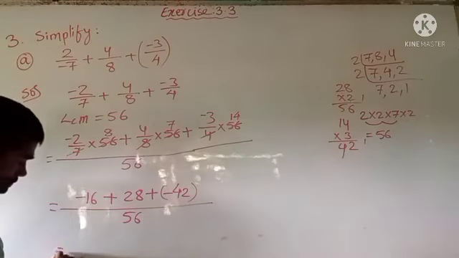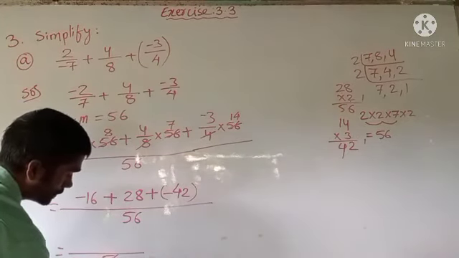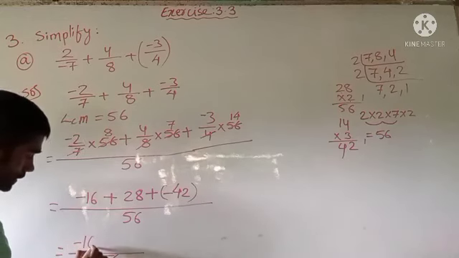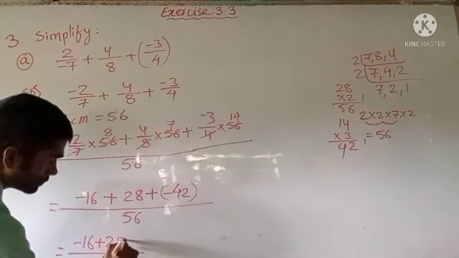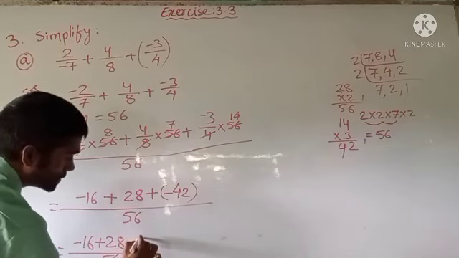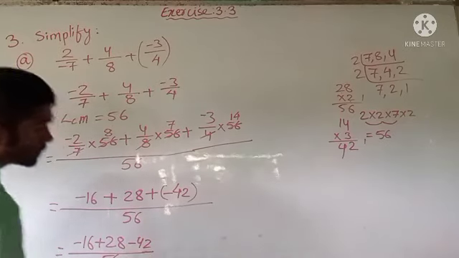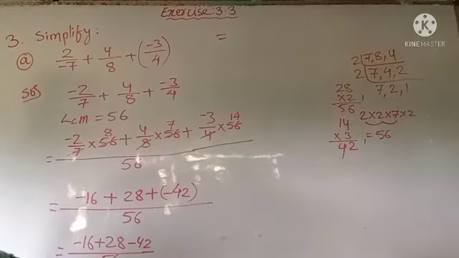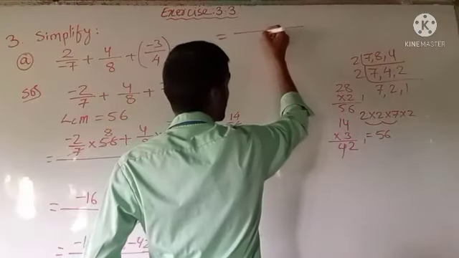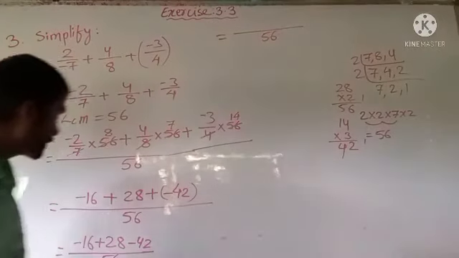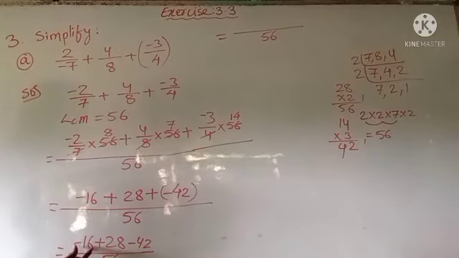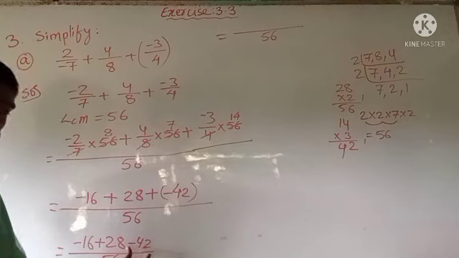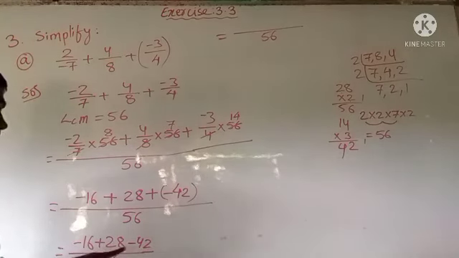Now we have 56 here, minus 16 plus 28 plus into minus, minus 42. Now 56 we will write as it is in the denominator's place. Now in the numerator place we can see minus 16 and minus 42. We will add them and write one of the signs, because minus into minus is plus, and this 28 we will write as it is.